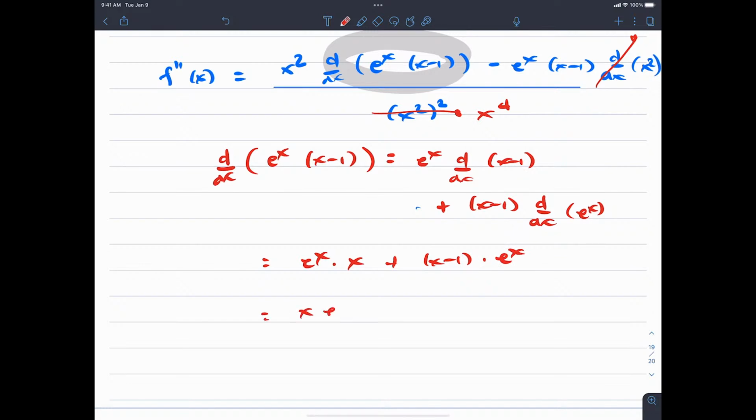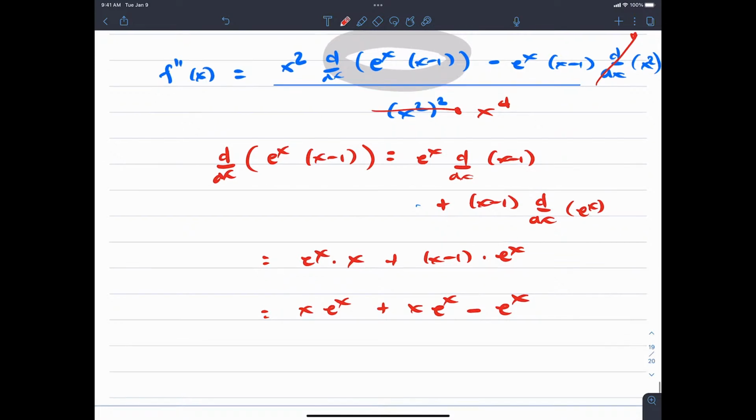So this is x e to the x plus x e to the x minus e to the x. I'm going to distribute there. There's going to be some work here. Let's put it all together.